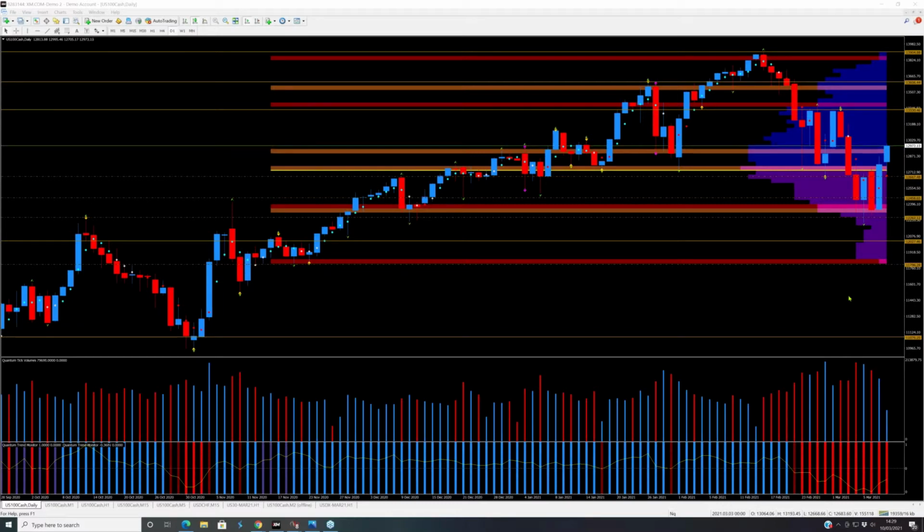And this is how VPA can help you. But in particular, what the daily chart can tell you is it can point the way to what you can expect in terms of the trading environment.